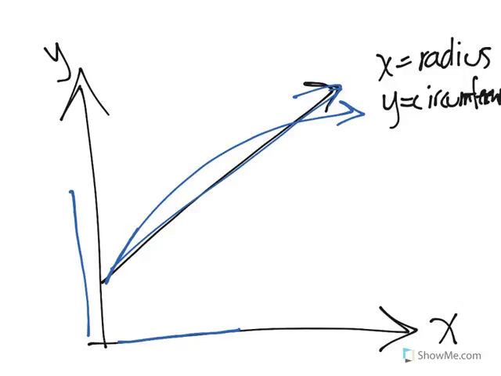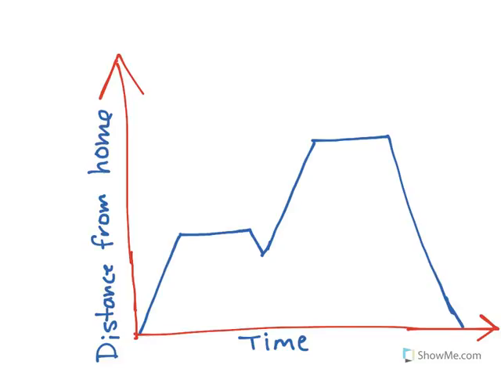So now let's look at a graph and try to interpret what it means. We have this graph right here. We know that the x-axis is equal to the time and the y-axis is equal to the distance from home. Let's say that we're talking about Eric. What is Eric doing? Eric, for some time, is going somewhere because his distance is increasing.